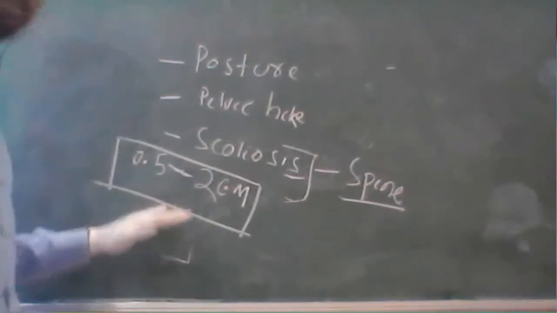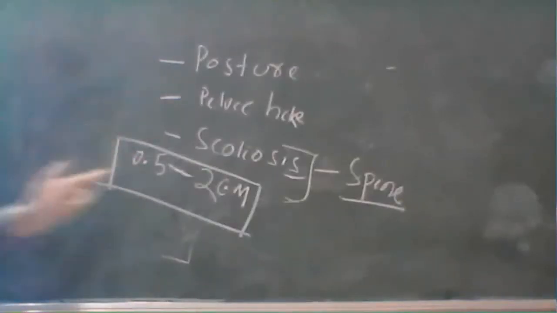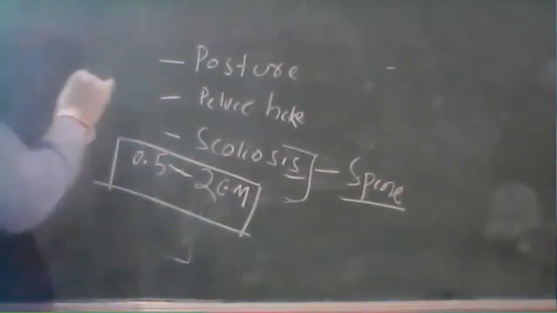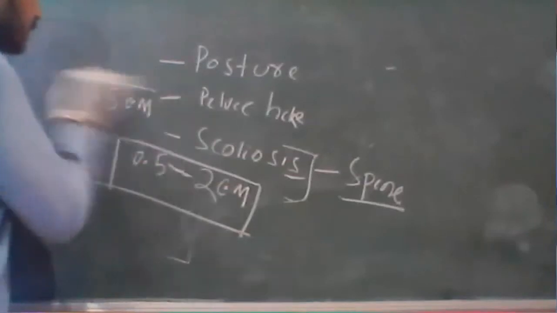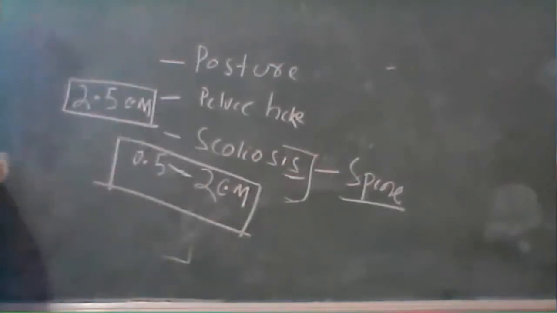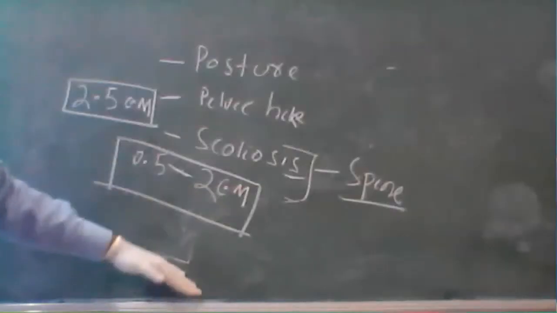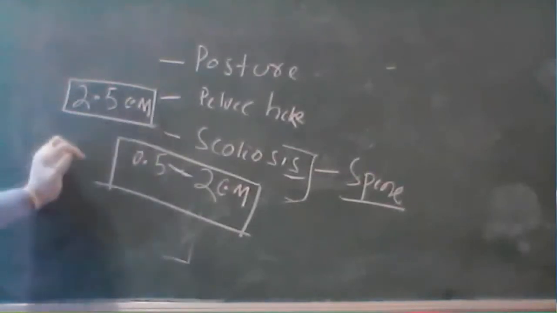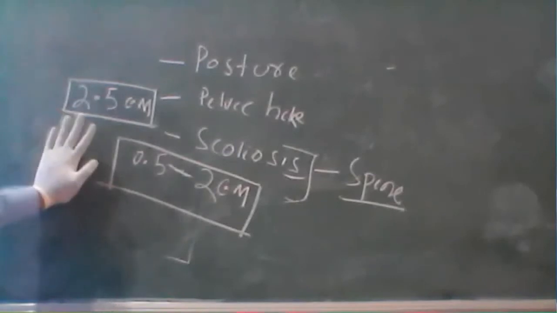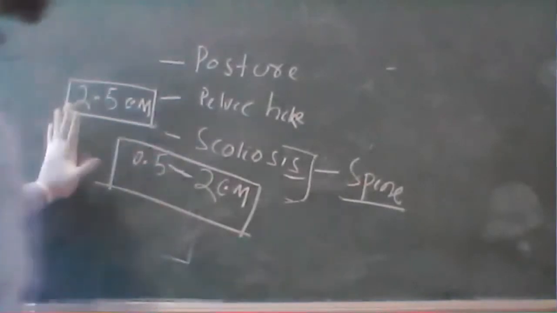But if that shortening is more than 2.5 centimeter, then this is called true shortening. Normal is 0.5 to 2 centimeter; more than 2.5 centimeter is structural shortening. Clear?